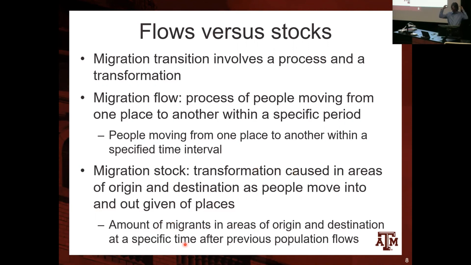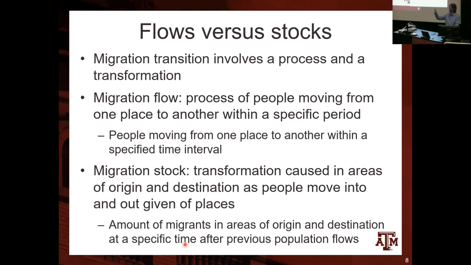Population flows are, for example, how many people migrated from California to Texas between 2015 and 2020. That's migration flow. Migration stock: now in 2020, how many people who were born in California are now living in Texas?